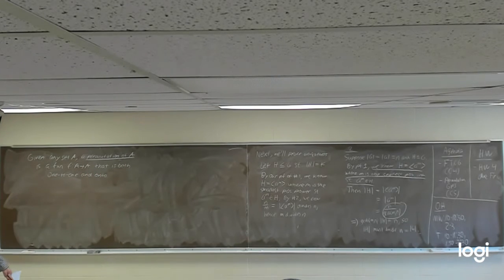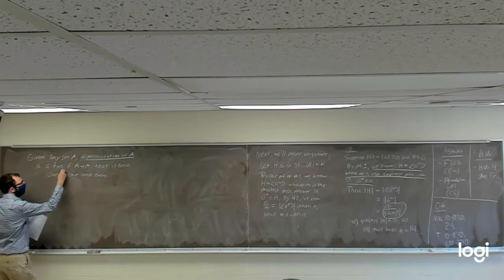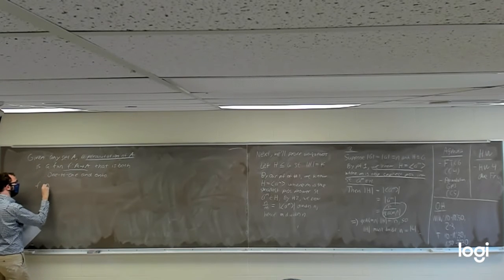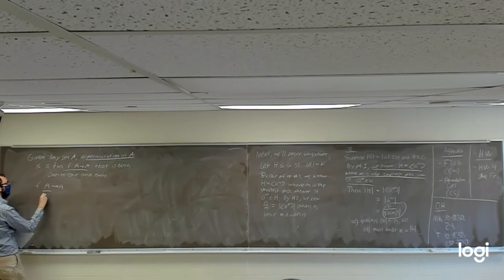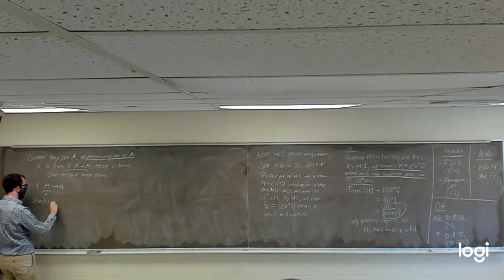So, a bit of notation time. When we say a function f that goes from A to A, what we really mean is this A is going to be the domain of our function f. So we want the domain of our function f to be equal to A.